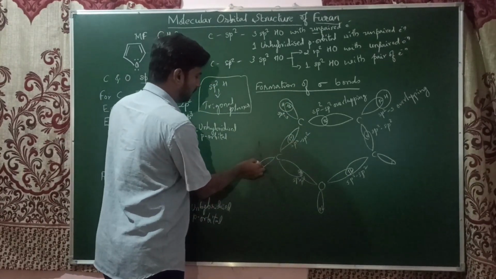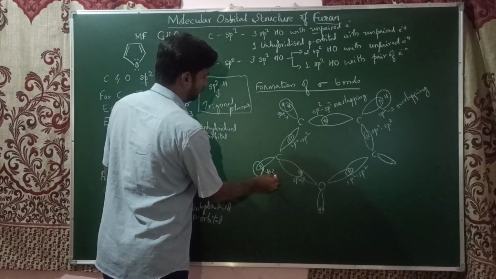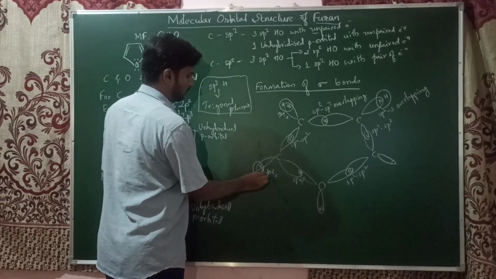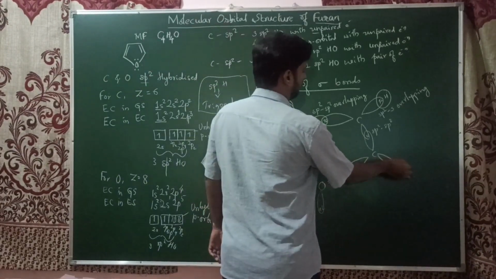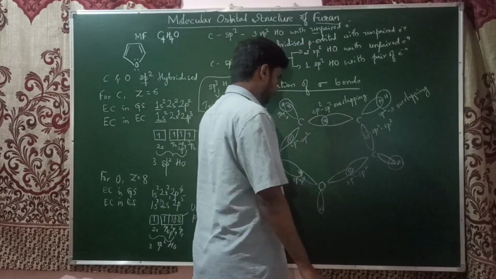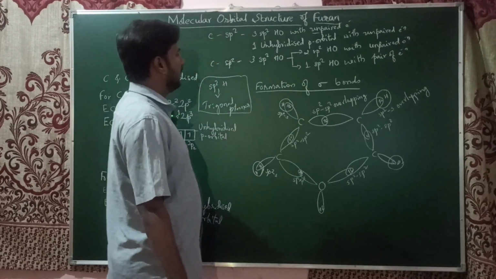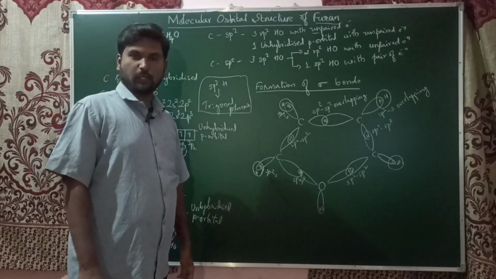Here also the same thing happens, C-H sigma bond. Now oxygen is free. Here one more carbon. Actually, this is the molecular orbital structure of furan for the formation of sigma bonds.